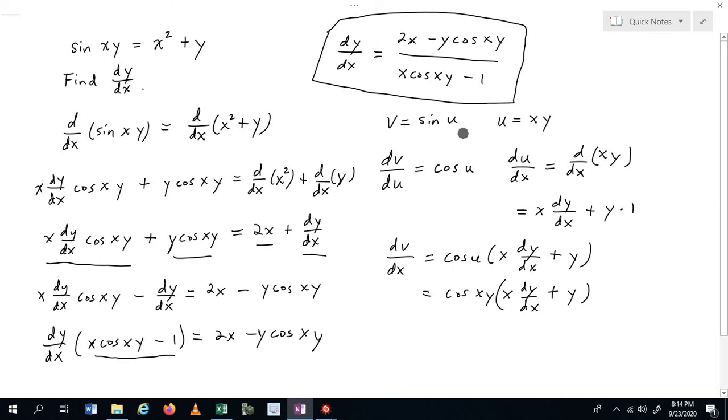Now, typically, when you perform explicit differentiation, we get the derivative in terms of x only. But with implicit differentiation, you'll find that the derivative dy/dx will be written in terms of both x and y. And the only way to get rid of the y is to solve for y here, if that's possible.